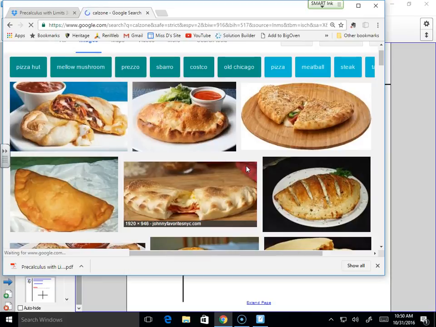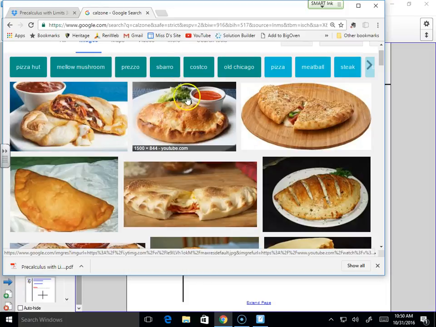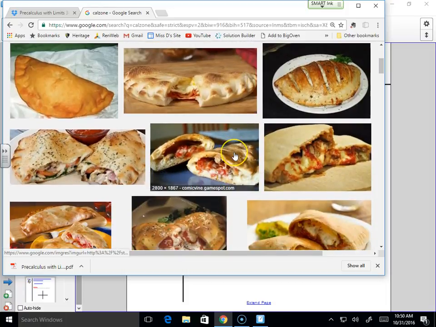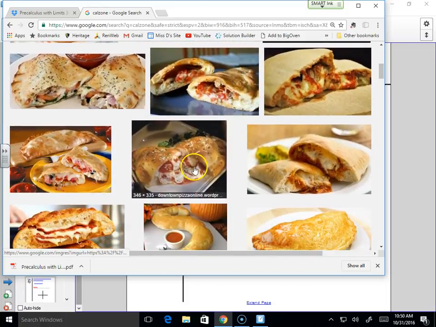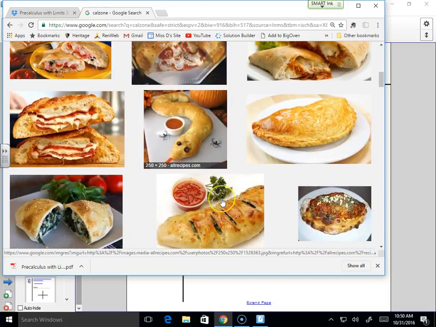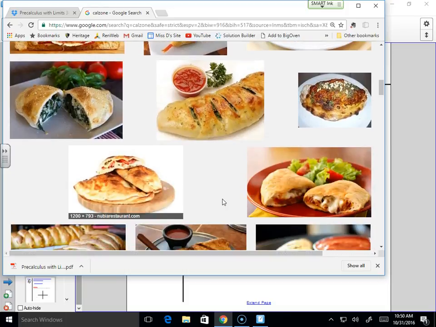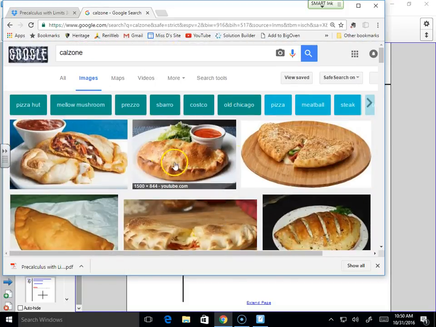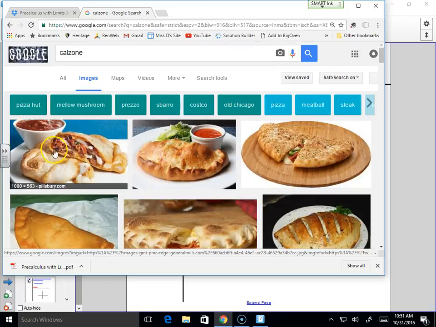These are all good. Good thing you guys aren't hungry, right? Shut up and take my money. It's just goodness. And then there's really big ones. That's a snake, don't use that one. Anyway, so that's a calzone, okay? It's half a pizza. This is a little baby one. That's kind of lame.